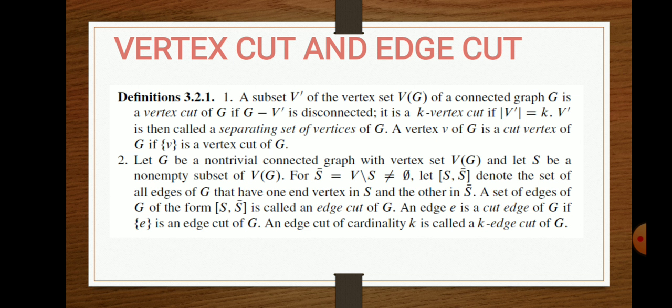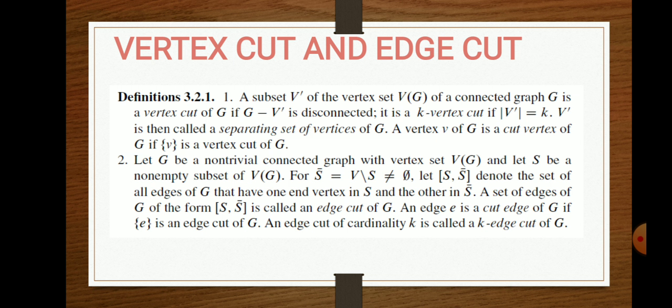Let S comma S bar denote the set of all edges of G that have one end vertex in S and the other end vertex in S bar. A set of edges of G of the form S comma S bar is called an edge cut of G. An edge E is a cut edge of G if singleton E is an edge cut of G. An edge cut of cardinality K is called a K edge cut of G.